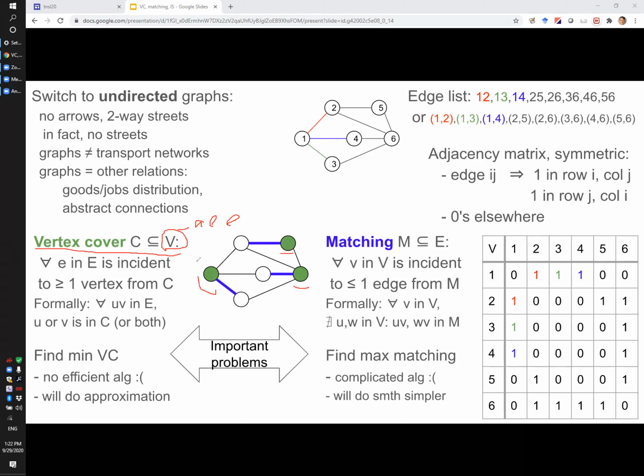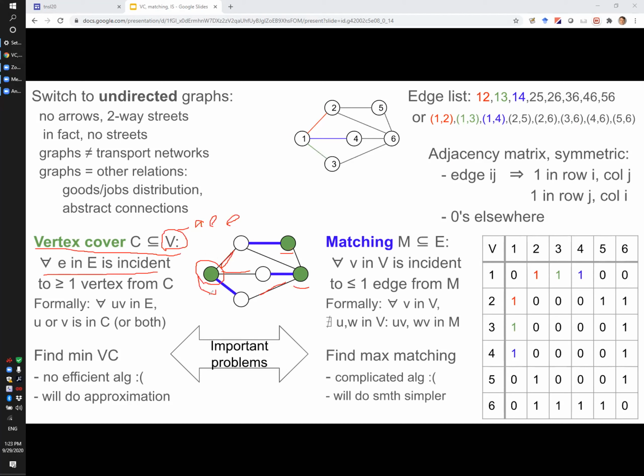And the subset is called a vertex cover if any edge in the graph, no matter which edge in the graph you take, is incident to at least one vertex in your subset.